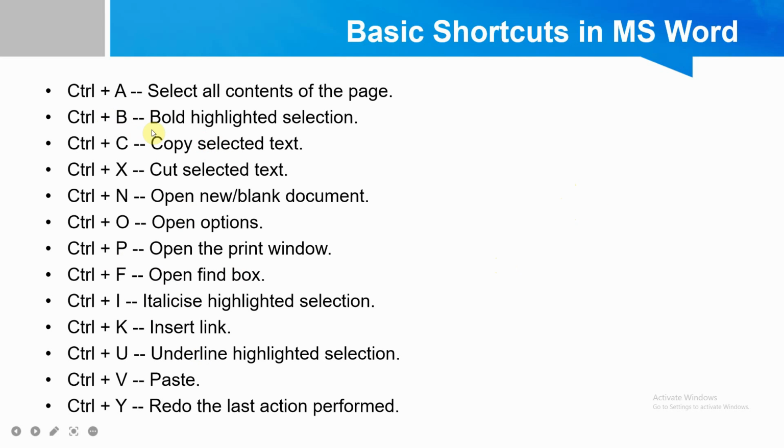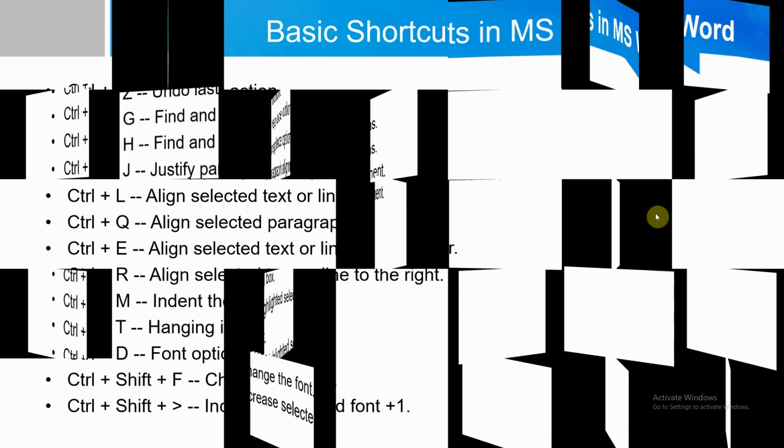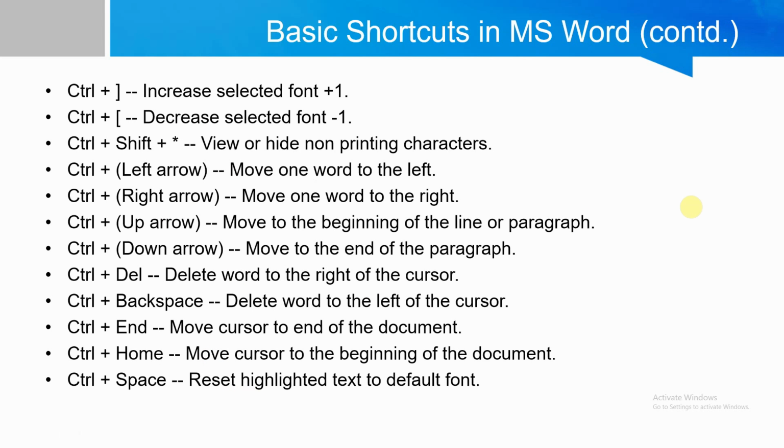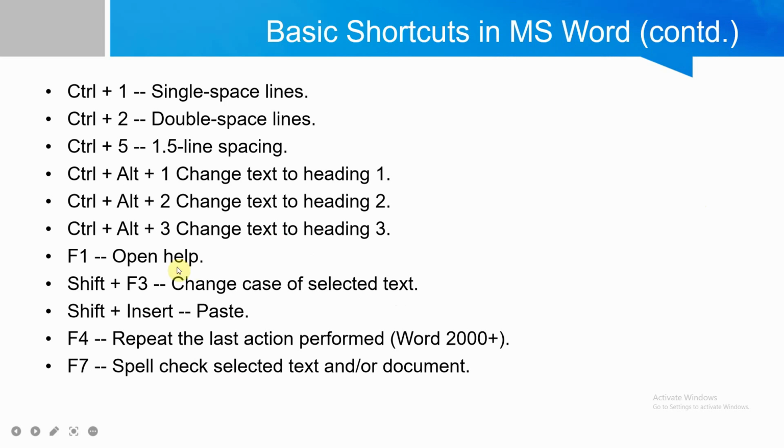If you'd like to memorize them, personally, some of them can be easily clicked. If you highlight text to make it bold, for example, you can click the B in the menu, or you can just use Control B as the shortcut. Others include aligning, find and replace, justify, indenting a paragraph, hanging indent, changing the font, increasing the font, and the others in the ribbon.